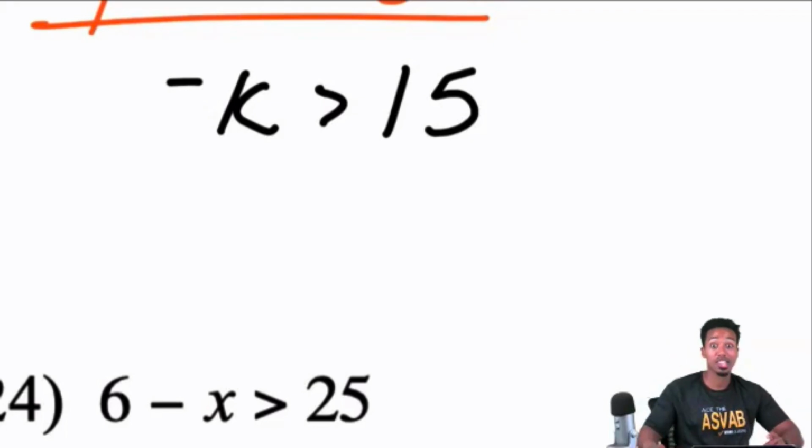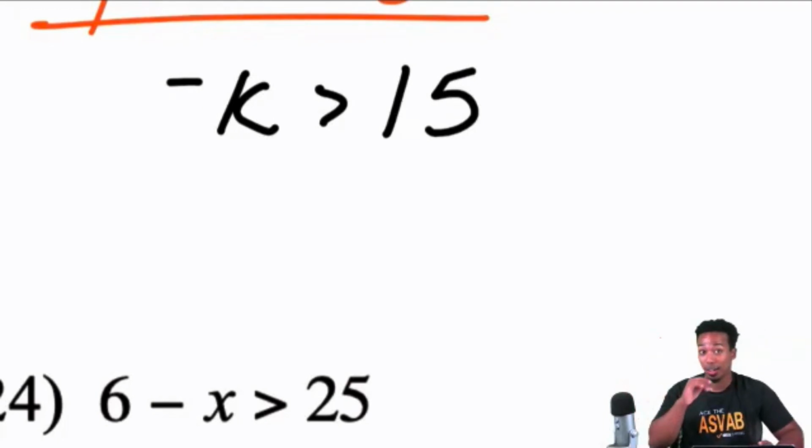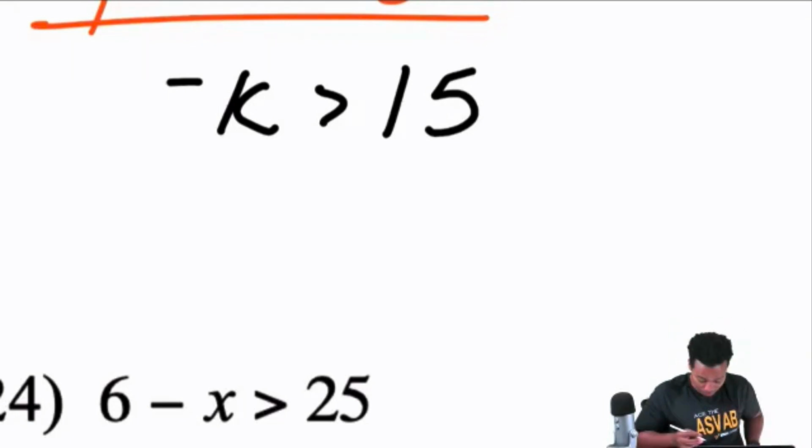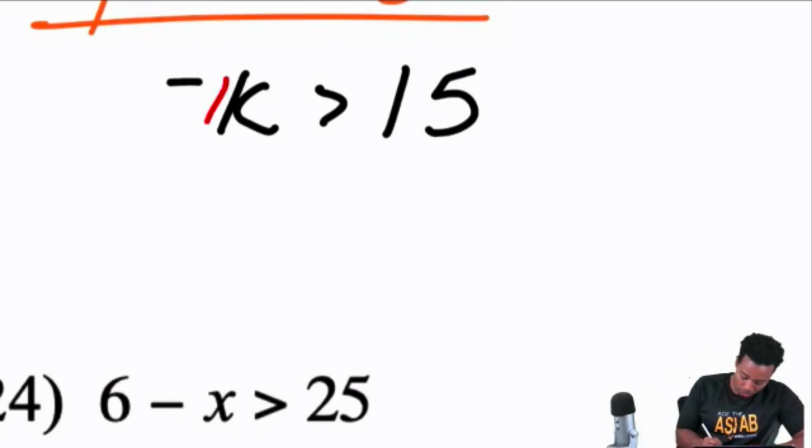So negative k is greater than 15. This is where we're sitting here like, okay, we're almost home free. I have to get k by itself. Everybody, what do I do? Divide by negative 1 on both sides. Exactly. Because remember, there is indeed a 1 in front of the k. If you want to imagine it, there it is in red.